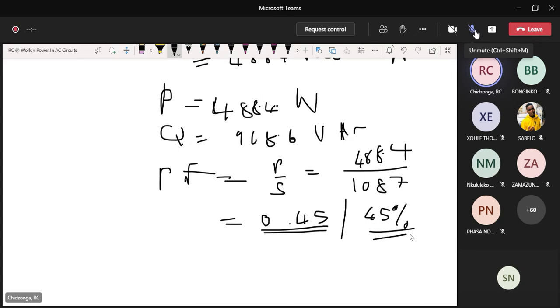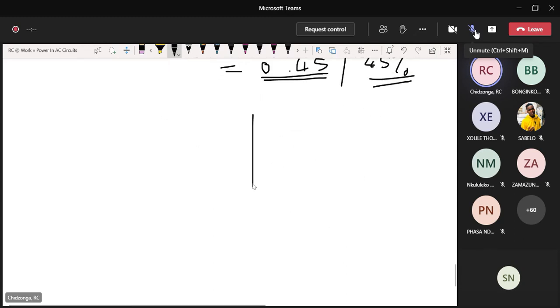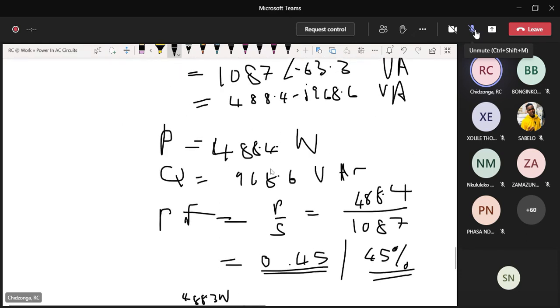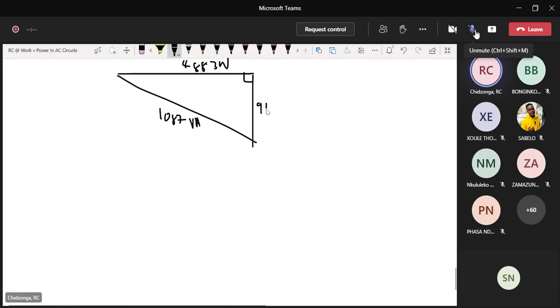If you wanted to draw the power triangle, this is a capacitive load, so I would draw my triangle like this. This is 1087 volt ampere. The real one is 488.3 watts, and this one is 968.6 volt ampere reactive, and then I would show that angle.